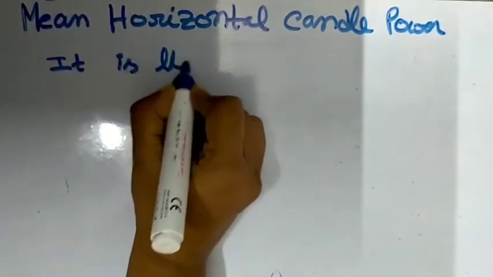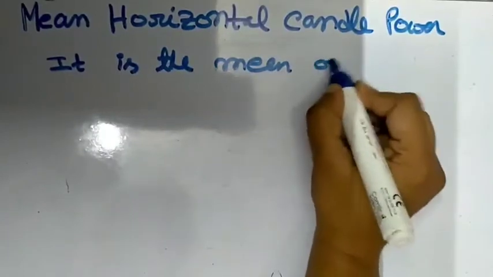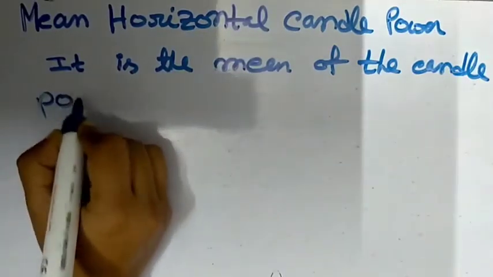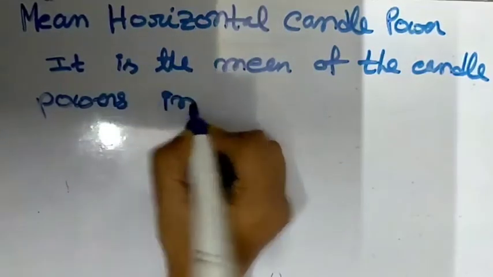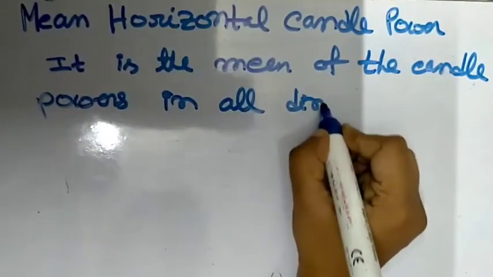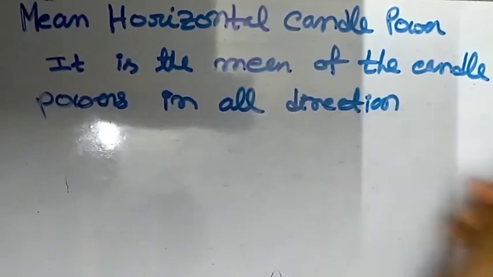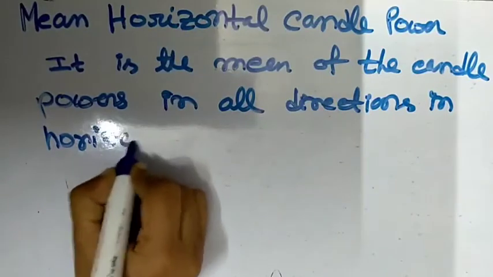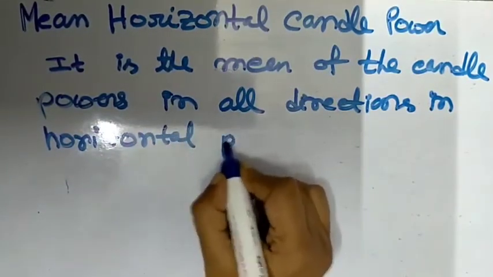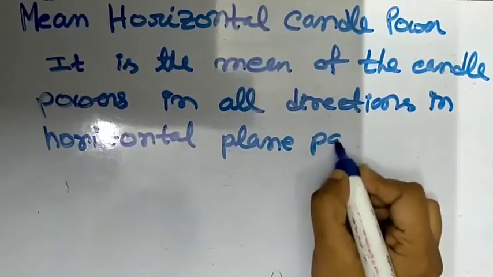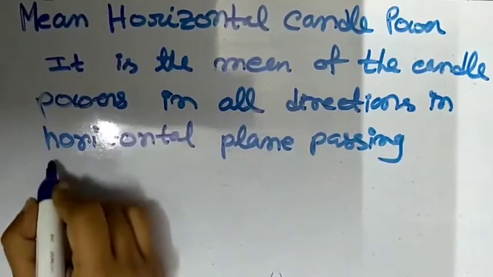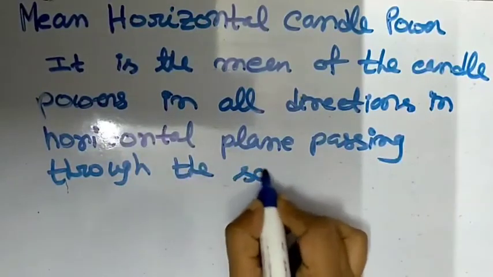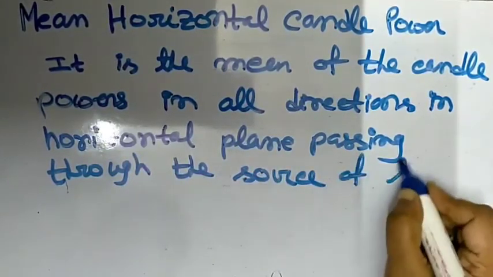It is the mean of the candle powers in all directions in the horizontal plane passing through the source of light.